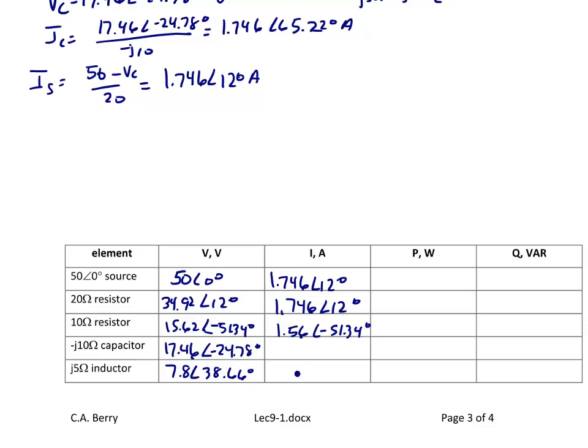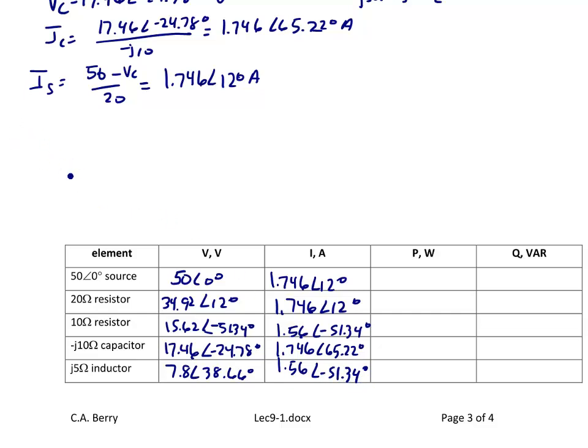And the negative j10 ohm capacitor has a current of 1.746 with an angle of 65.22 degrees. And finally, the j5 ohm inductor has the same current as the 10 ohm resistor, which is 1.56 with an angle of negative 51.34 degrees.